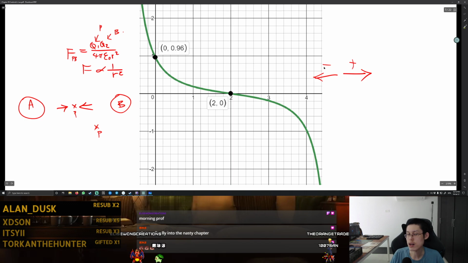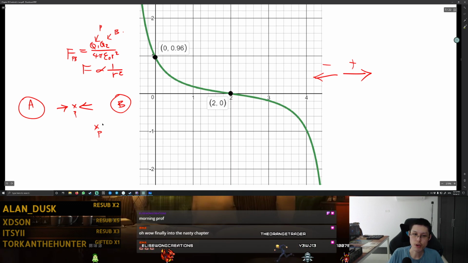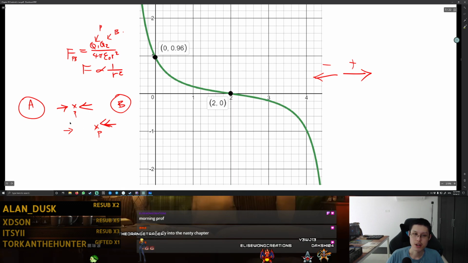So the closer you are to B, the stronger the force is going to get. So if you put P very close to B, the force is going to be much bigger to the left and a bit smaller from the right because it is further from A. So you're going to get a resultant force towards the left, which means your electric field strength would be negative because it's going to the left. That's why you get negative over here when it's closer to B.